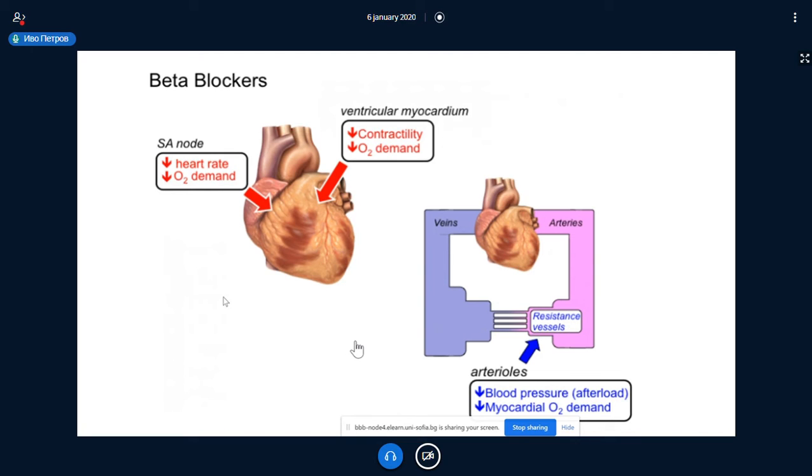And the third mechanism is that the slower beating of the heart also reduces the oxygen demand.